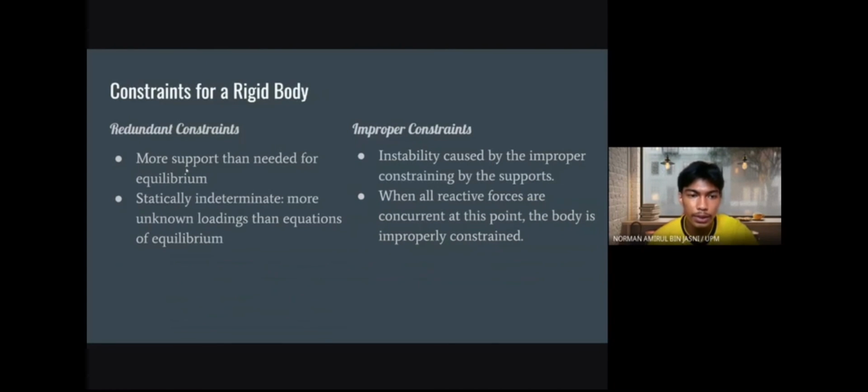Redundant constraints: more supports than needed for equilibrium. Statically indeterminate: more unknown loadings than equations of equilibrium. Then we have improper constraints, instability caused by improper constraining by the supports. When all reactive forces are concurrent at this point, the body is improperly constrained.